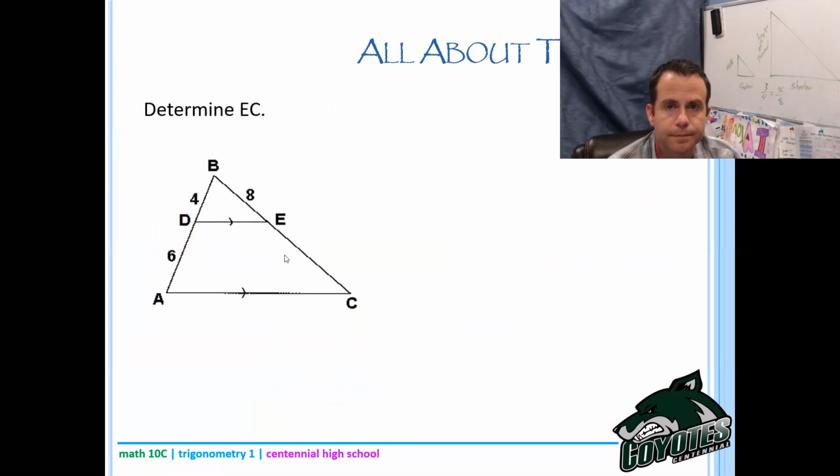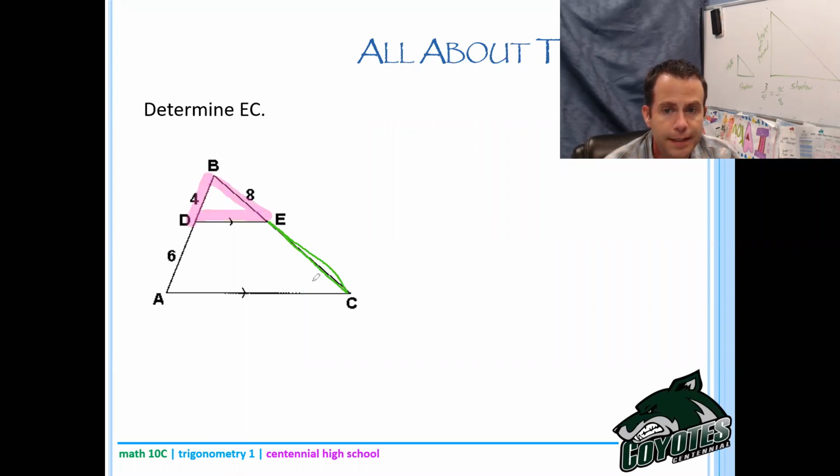Good. Okay, determine EC, which is this guy right here. That means going from E to C, we're looking for this guy, okay? So what you have to be careful of here is you have to make sure you're looking for similar triangles. So I've got a triangle here, okay?